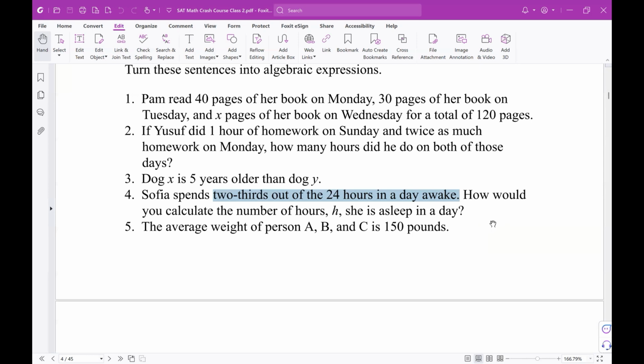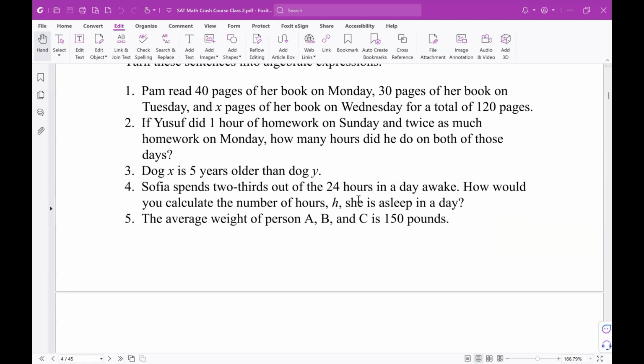I know it's two-thirds, but you're saying if you can find how much she's awake, then you can find how much she's sleeping. But how would you put the equation for the 2 by 3 and 24?